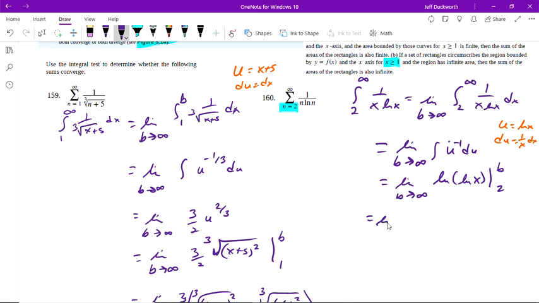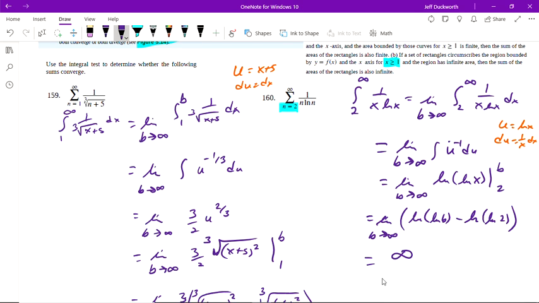This equals the limit as b goes to infinity of, we plug in the b first, so ln of ln of b minus ln of ln of 2. Now when we evaluate this, ln ln of 2 is going to be a number. It's not going to matter. However, ln of b is going to go to infinity, and if I take the natural log of infinity, it will also be infinity, so it's infinity minus a number, which is just infinity.